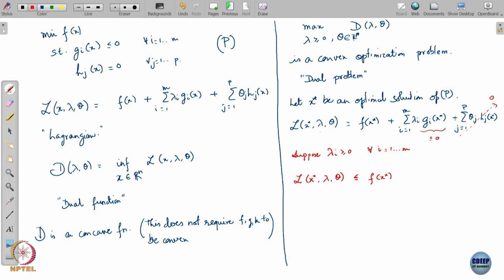Okay. So, let us play around with this in a different way. Suppose x star is the optimal solution of P, and this is the value of my Lagrangian.